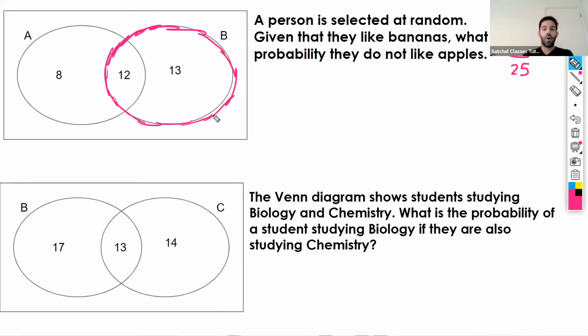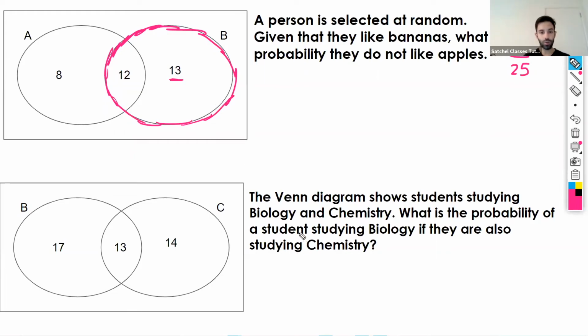So of the 25, given that they like bananas, what is the probability they do not like apples? Well, these 13 here, they only like bananas, they don't like apples, so that's going to be 13 out of 25. 13 out of the 25 who like bananas don't like apples.